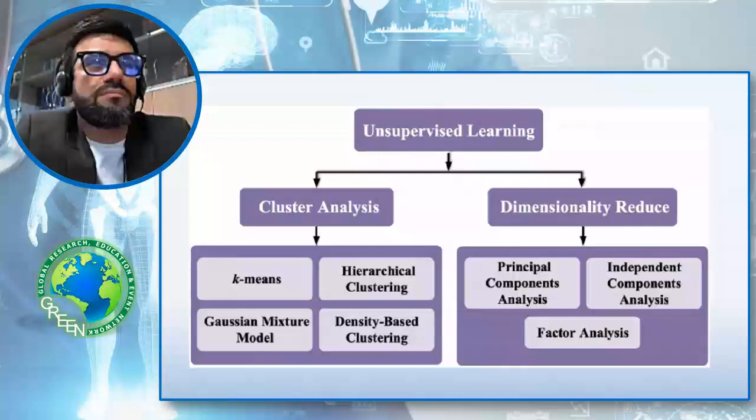And about dimensionality reduction, on the right side of this screen you can see principal components analysis, independent components analysis, and factor analysis. For example, factor analysis is a technique used to identify underlying relationships between the variables by modeling the observed variables as a linear combination of potential factors.